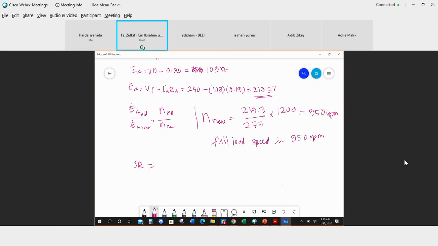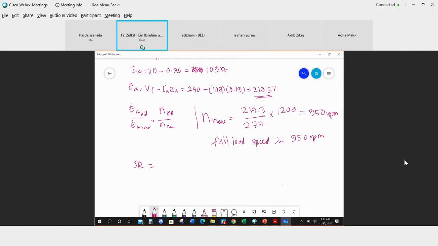So how big is the range? How much the speed of the machine can be varied from the no load to the full load. If the machine rotates higher than 1040, there must be a problem with the machine.